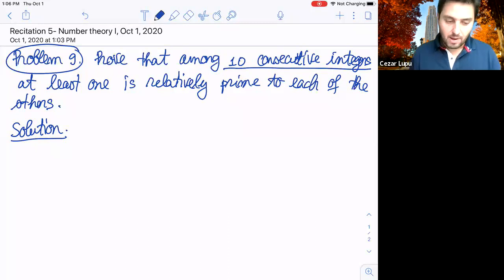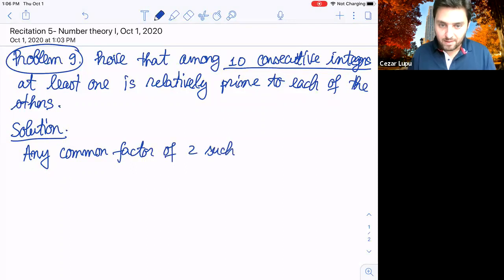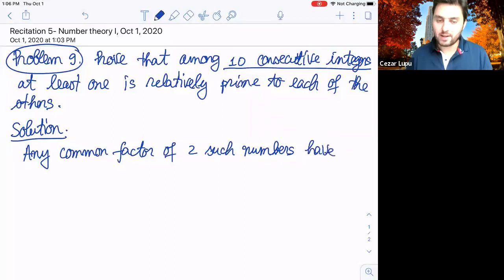That's the statement. Okay, now we can say that any common factor of two such numbers, the idea is correct, yes, Nadia, so any common factor of two such numbers, keep in mind that 10 consecutive integers have to be divisible by what?